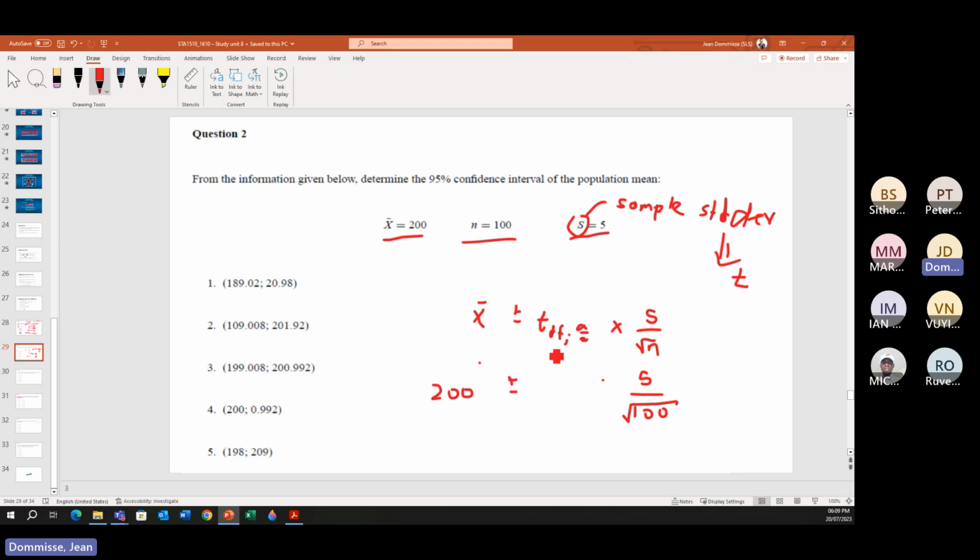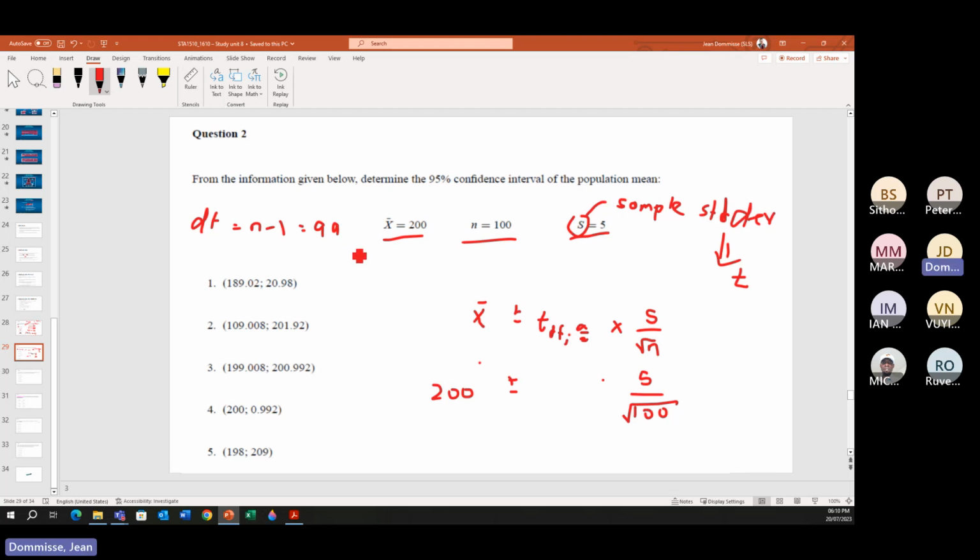Okay, so now degrees of freedom. Degrees of freedom is equal to n minus 1. We know n is 100. n minus 1 is then 99.